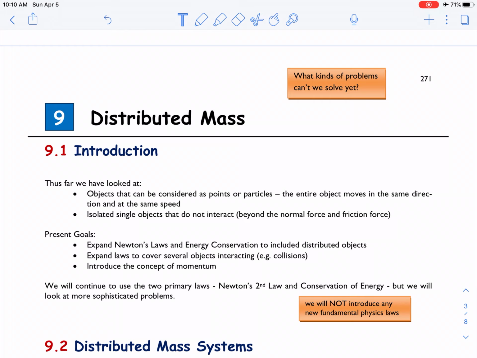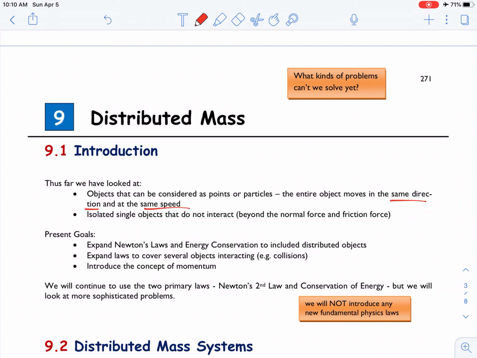schedule. So for the distributed mass, so far we've looked at the objects that can be considered as points or particles. Remember, that was one of the first assumptions we made. We're dealing with particles, and that means the entire object moves in the same direction and same speed, right?